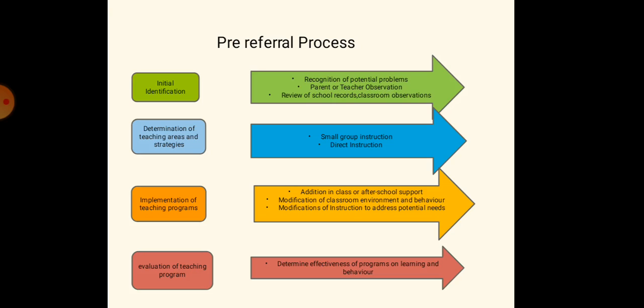If not, then the team determines whether the strategy should be continued or modified, whether a new strategy should be tried, or whether the student should be referred for special education. At this stage, the teacher will determine the effectiveness of programs on learning and behavior. So, this is the pre-referral process.